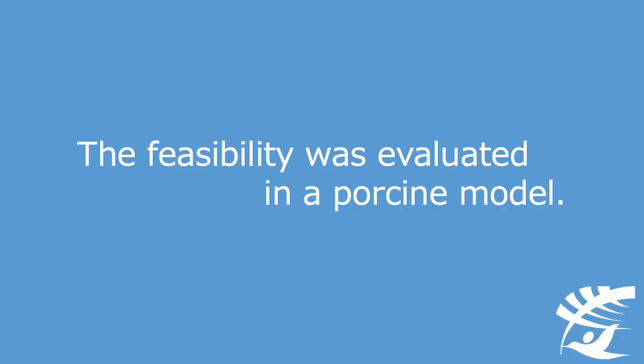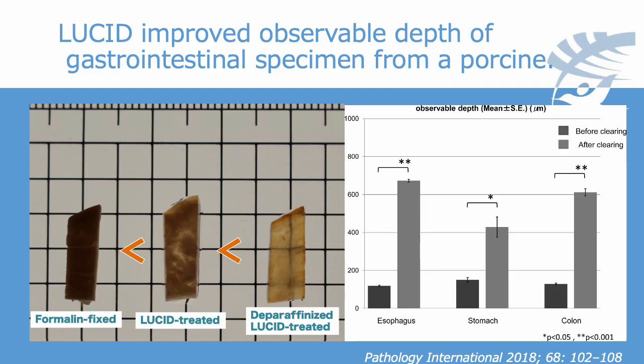We first validated the LUCID method using porcine gastrointestinal specimens. The image on the left shows the mucosa of a porcine stomach. You can see that the transparency increased in the following order: formalin-fixed specimens only, LUCID-treated specimens, and LUCID-treated specimens after paraffin embedding and deparaffinization.